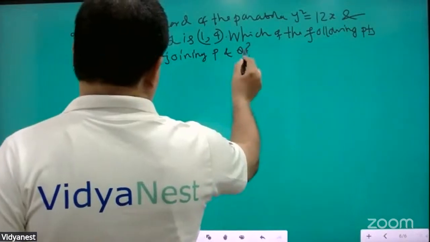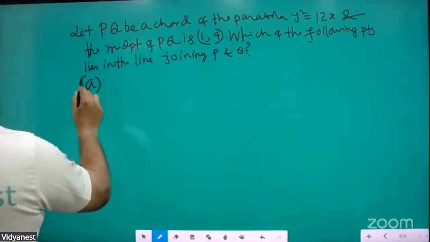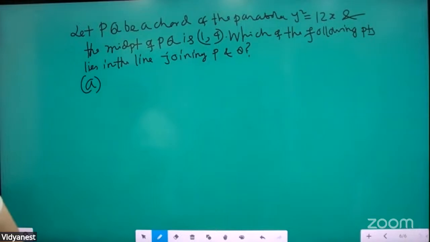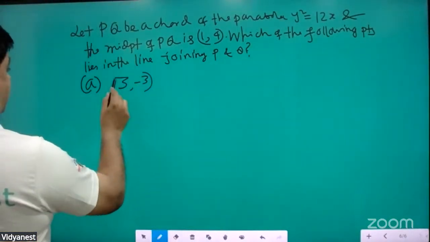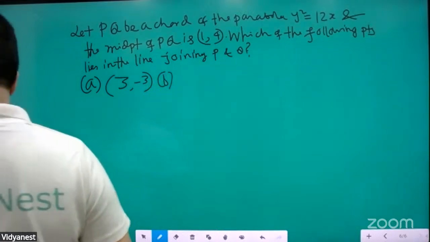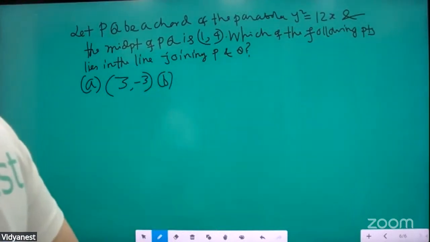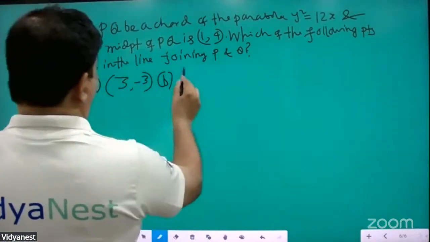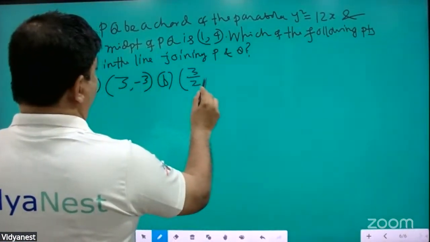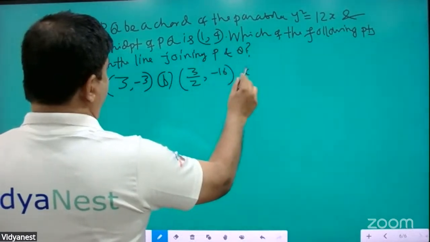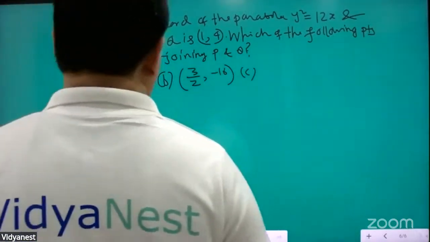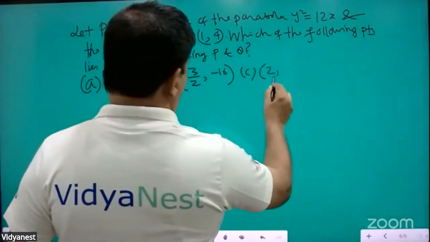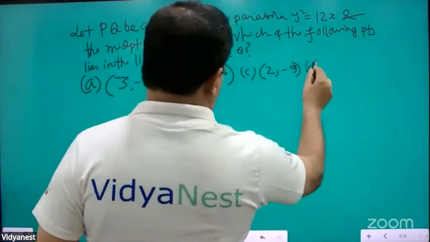Option A, 3 comma minus 3. Option B, 3 by 2 comma minus 16. Option C, 2 comma minus 9.